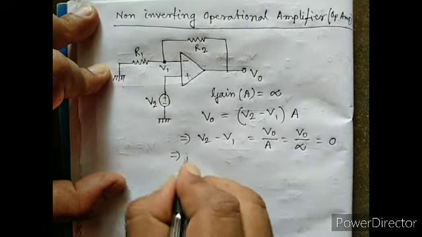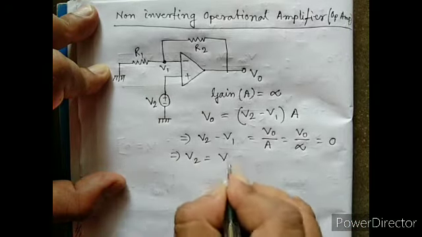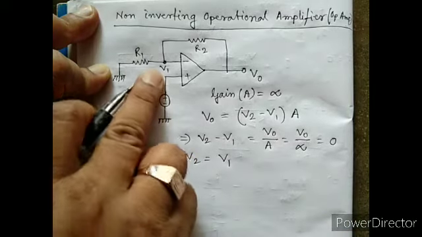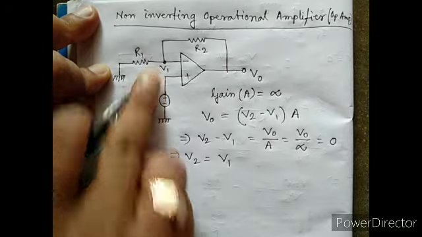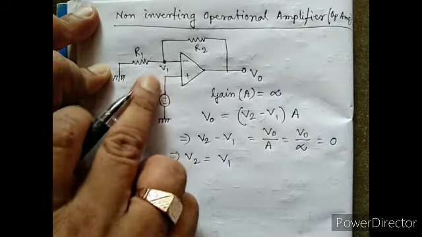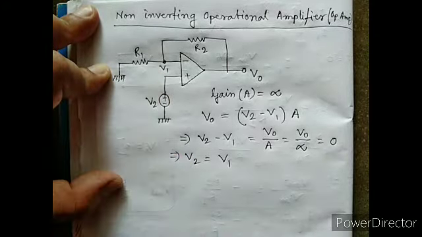So, V2 equals V1. So, we will get the same potential at the V1 terminal. So, V1 would be equal to V2.